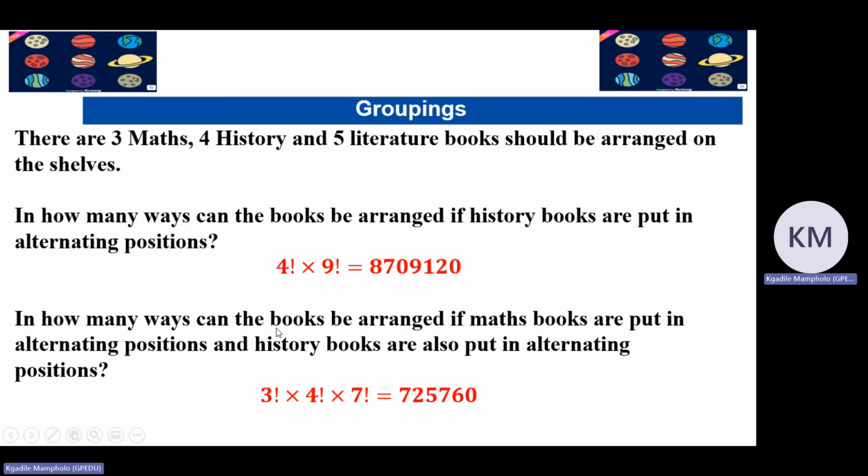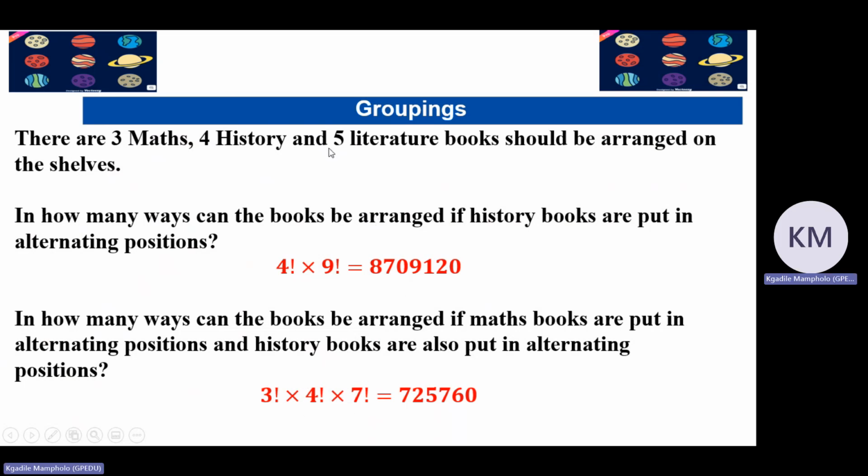In how many ways can the books be arranged if the maths books are put in alternating positions and history books are also put in alternating positions? Now, we know that we have 3 maths books, 3 factorial. We have history books, which are also a group, 4 factorial.